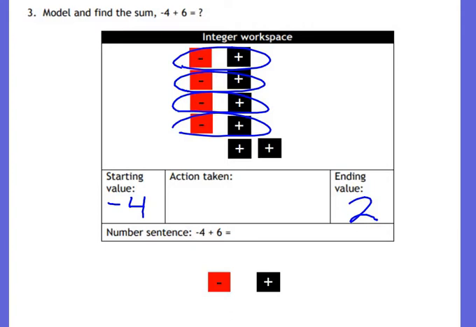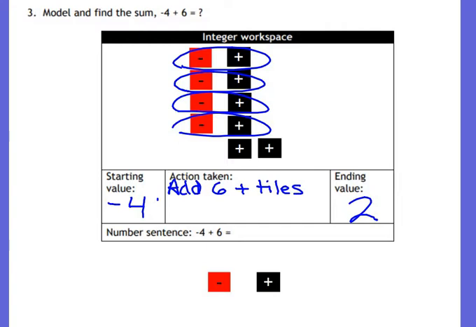So let's recap our actions here. We started with 4 negative tiles on my workspace. From there, what did I do? I added 6 positive tiles. When I added 6 positive tiles, I wasn't done. What did I do next? I counted the remainder.